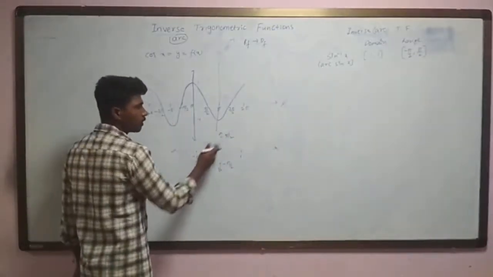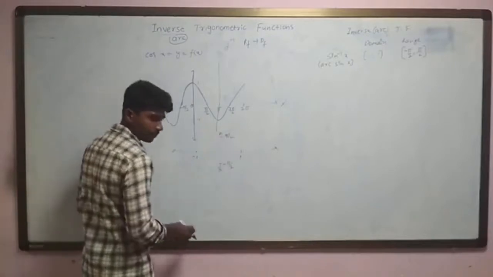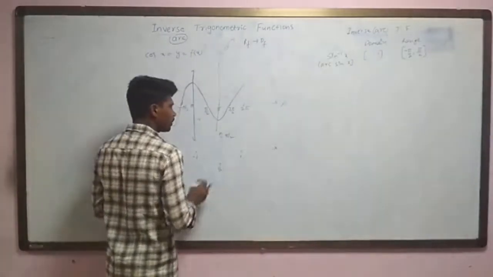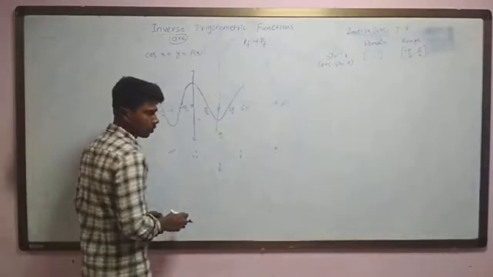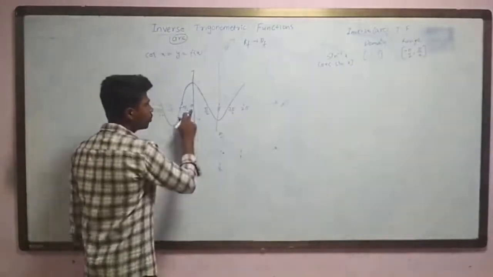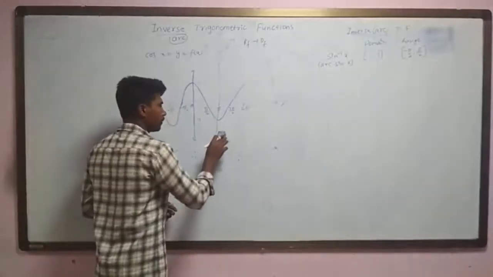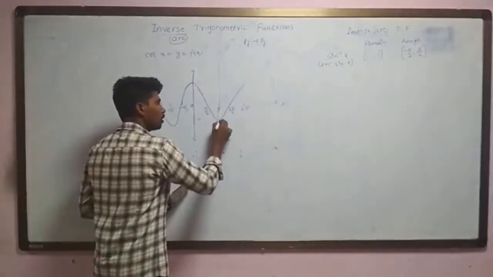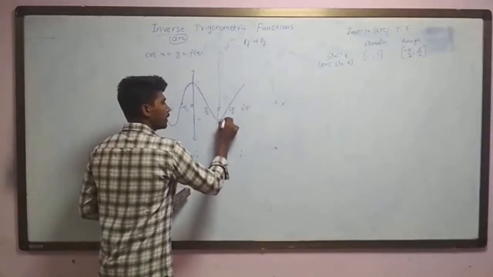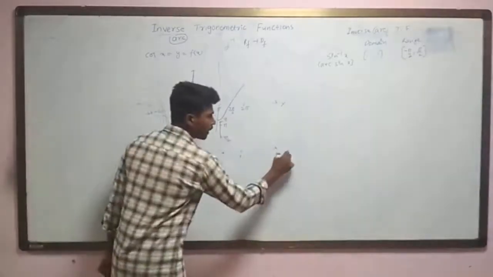The values are from 0 to pi. From 0 to pi by 2 I get 1, and from pi by 2 to pi I continue like this, and this is x.